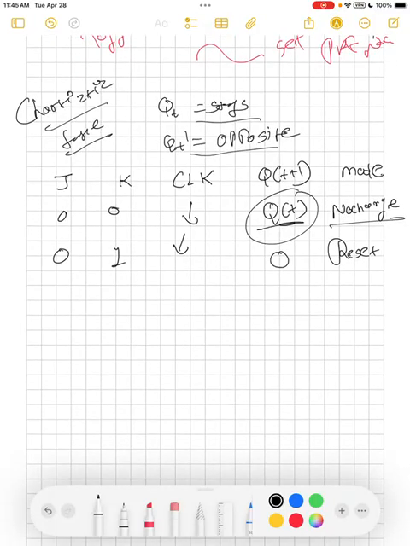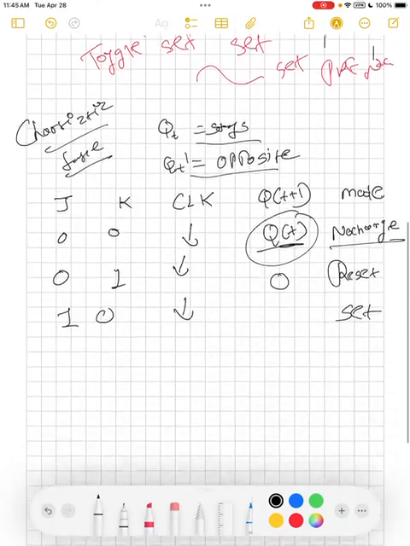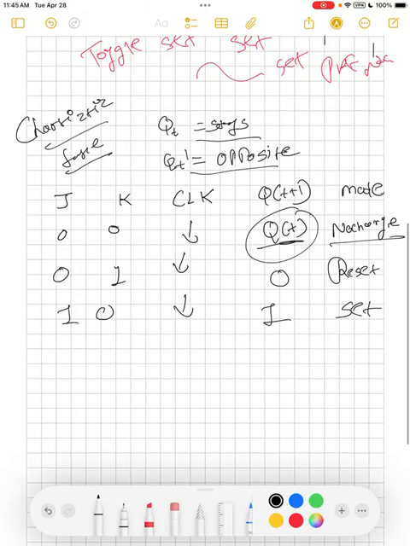And when J is 1, K is 0, this is the set condition, so it remains 1.